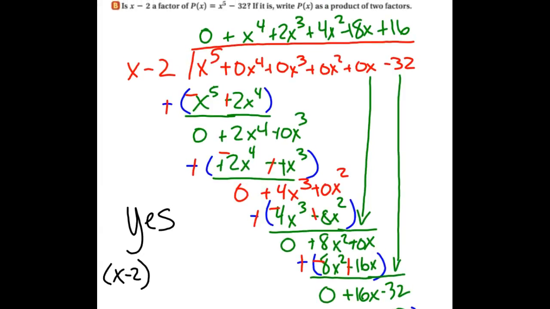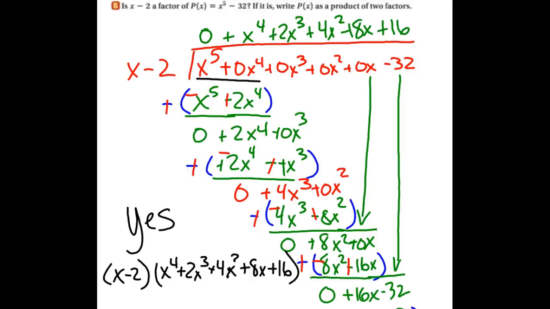All right, so it's x minus 2 times x to the fourth plus 2x cubed plus 4x squared plus 8x plus 16, close your parentheses.